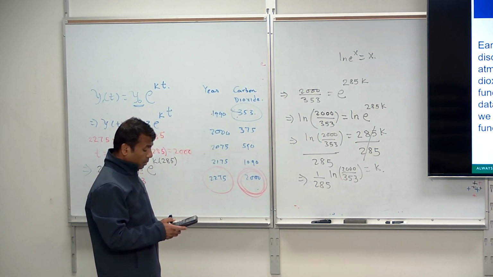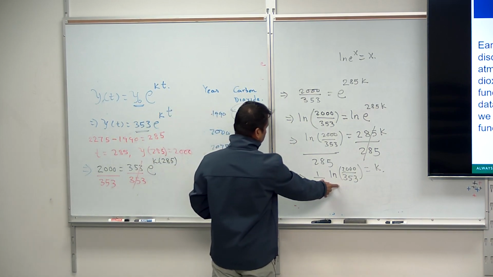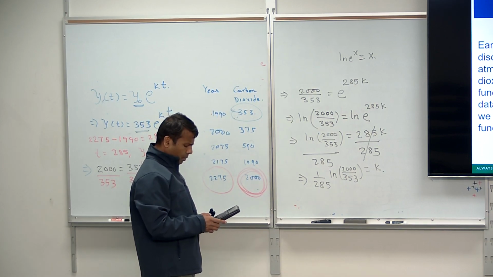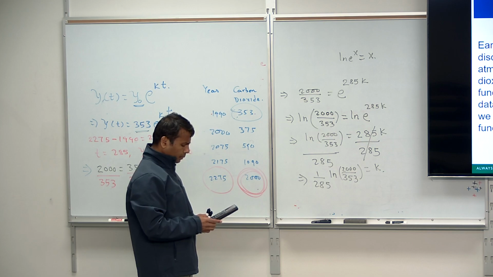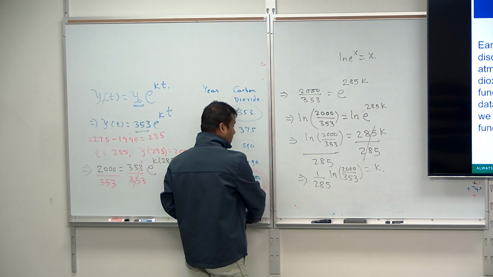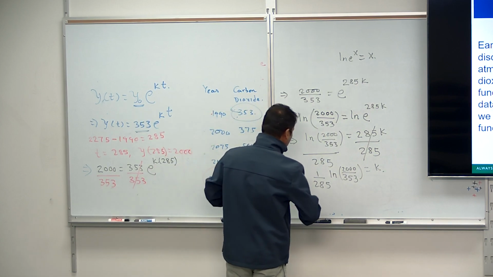So now simplify this, okay? So ln 2000 divided by 353, and you divide that by 285. So I got this number, okay?